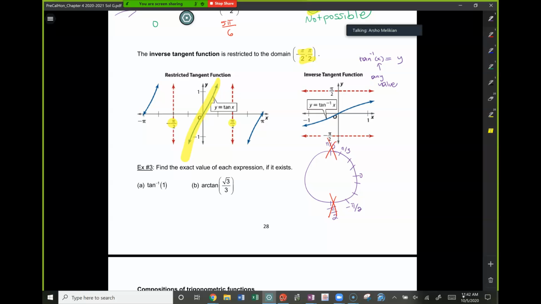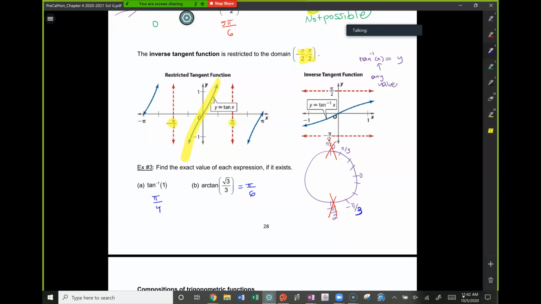So tangent of what is equal to 1? Well, pi over 4. Oh, pi over 3, yes. And then for what angle is tangent root 3 over 3? That happens to be pi over 6.